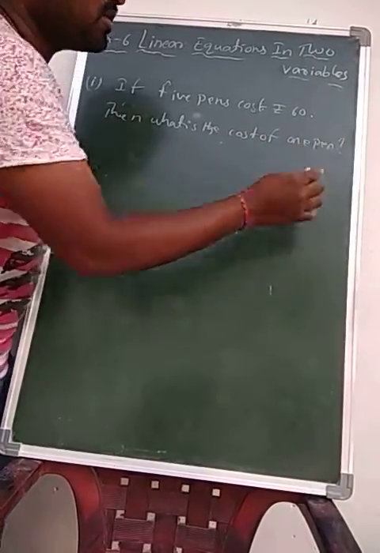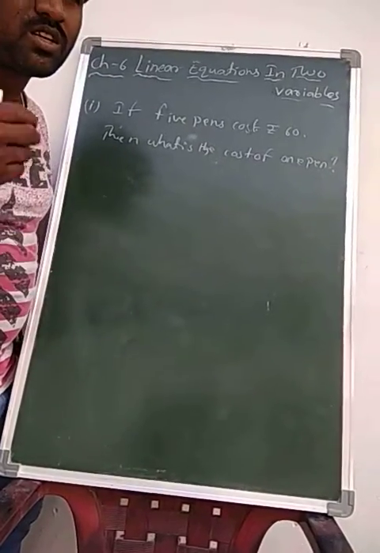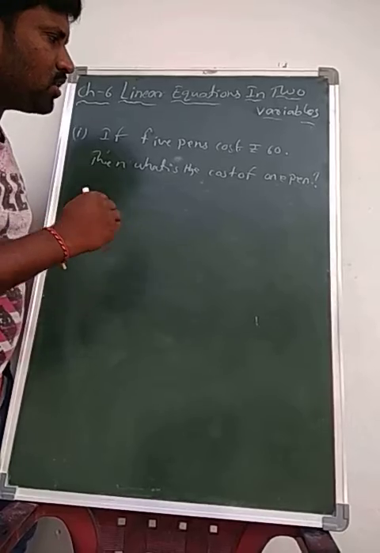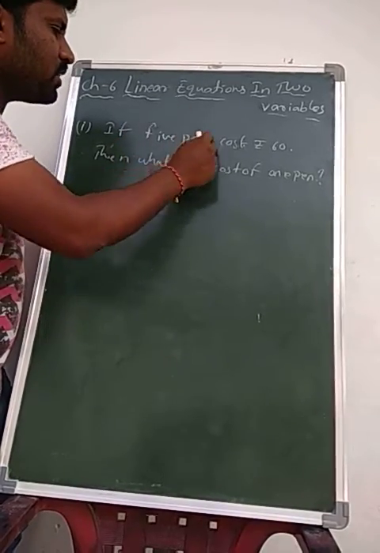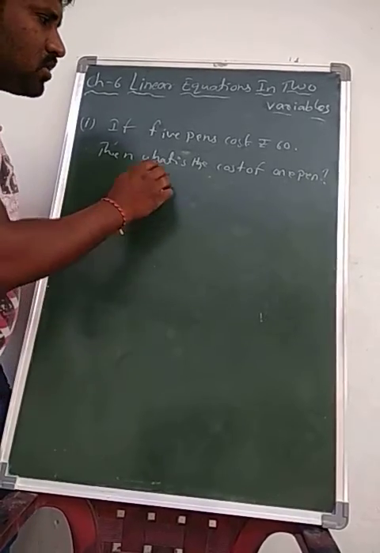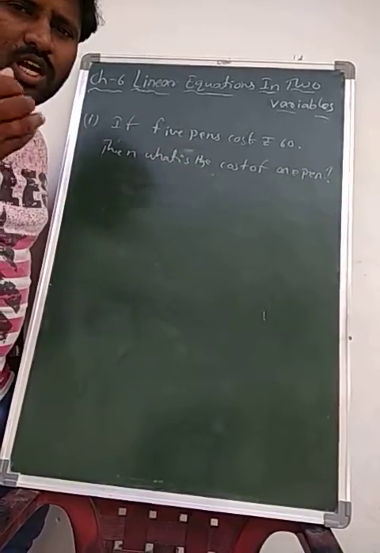If your father buys 5 pens and pays rupees 60 only, you don't know the cost of one individual pen. So in this situation, what is the unknown quantity?